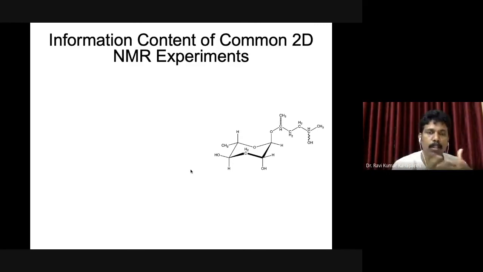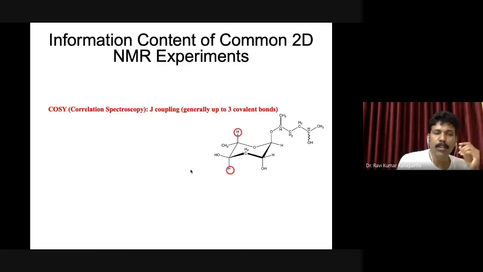They are correlated through bonds, through J coupling. That is the information we utilize, and a simple COSY is nothing but correlation spectroscopy. For example, you can see here the red labeled protons and how they are connected with each other.